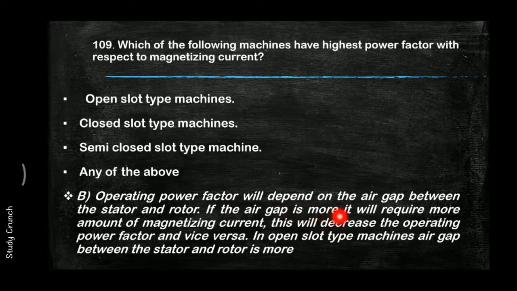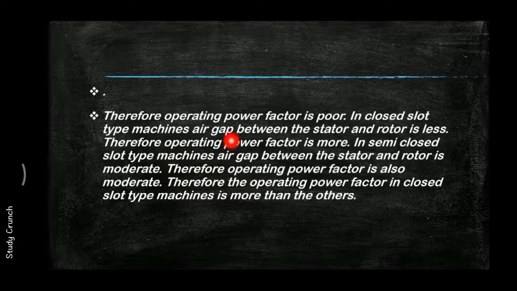In open slot machine, air gap between the stator and the rotor is more. Therefore, the operating power factor is poor. In closed slot machine, the air gap between the stator and rotor is less. Therefore, the operating power factor is more. In semi-closed type machine, the air gap between the stator and rotor is moderate. Therefore, the operating power factor is also moderate. So, the operating power factor of closed type machine is more than others.